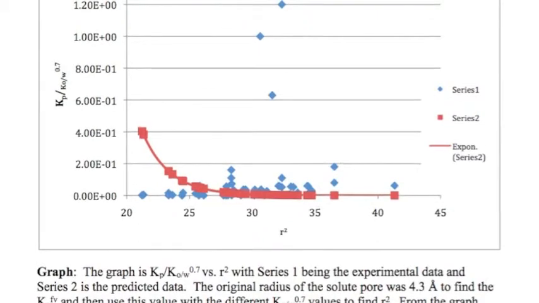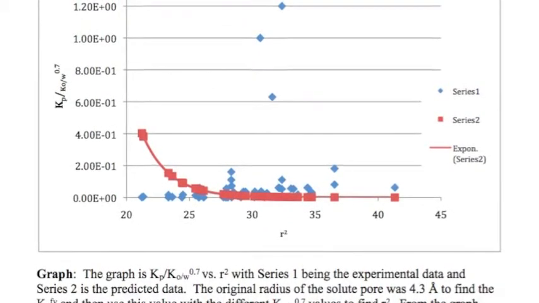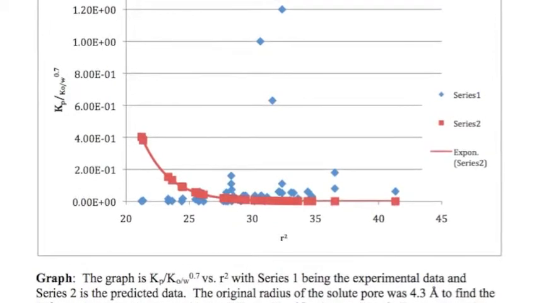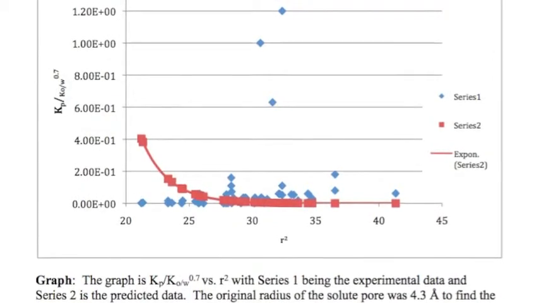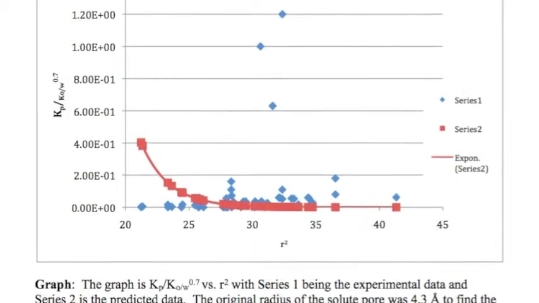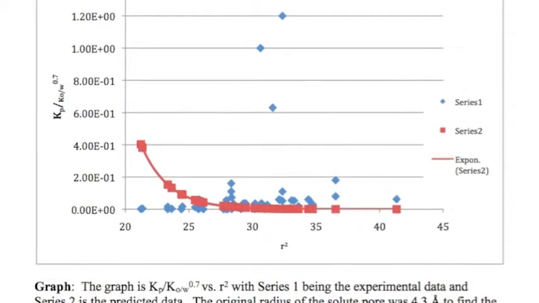As you can see, series 2 looks like figure 2 in the paper. However, I believe my values are slightly off, so that's why it doesn't look exactly like it.